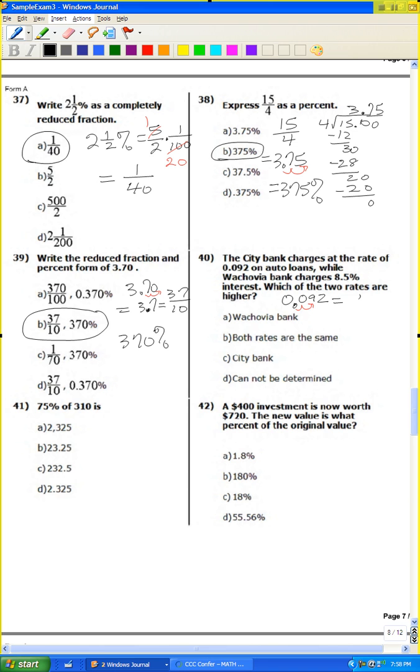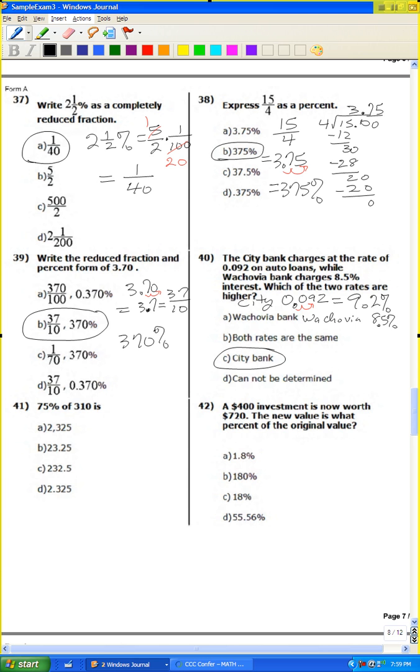So this is 9.2% as compared to 8.5%. And so which one is higher? So that's Citi has a higher rate. Wachovia is only 8.5%. So that's cheaper.